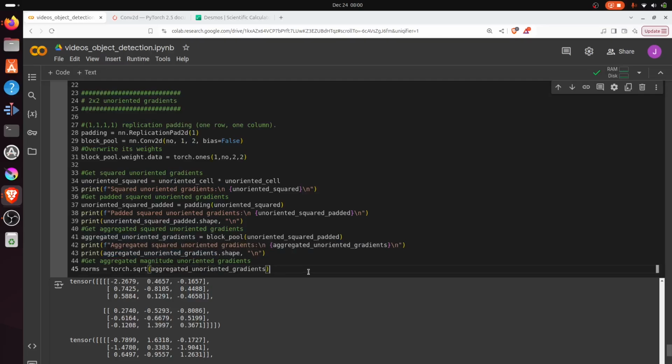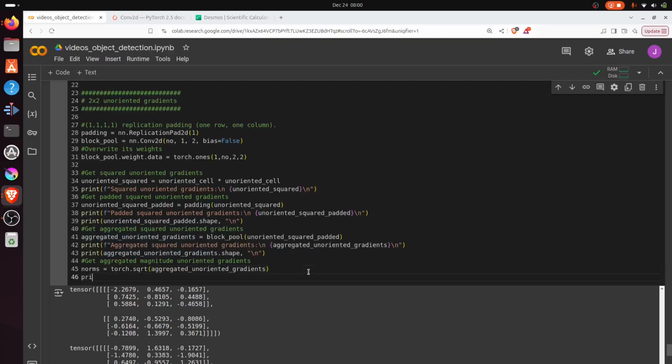Fantastic. So now let's just have a look. So just a print statement, and we're going to say, okay, the norms of the unoriented gradients are these.